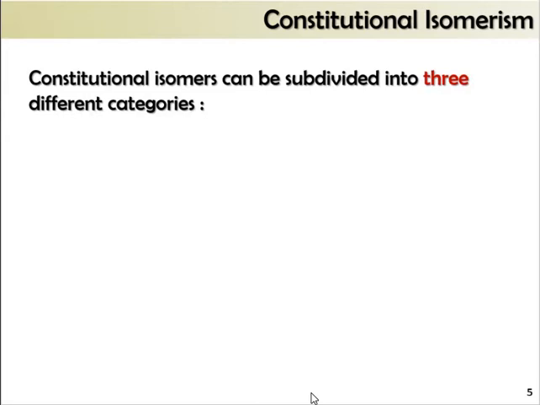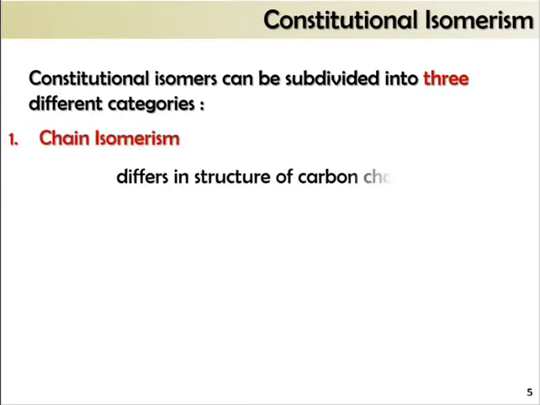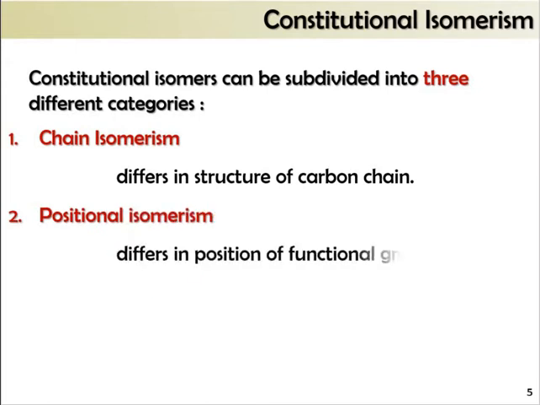Seperti yang Madam cakap tadi, constitutional isomer can be divided into three different categories. Chain isomer differs in structure of carbon chain. Okay, so nama pun chain, dia akan differ in the structure of the carbon longest chain. And then the positional isomer differs in the position of functional group.